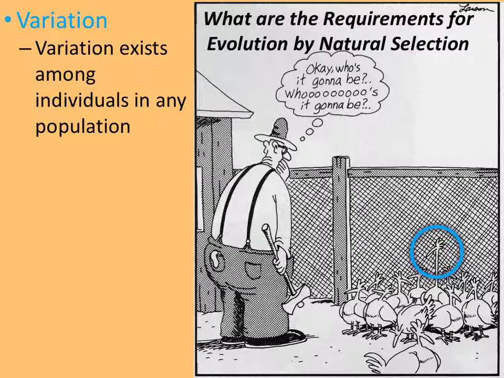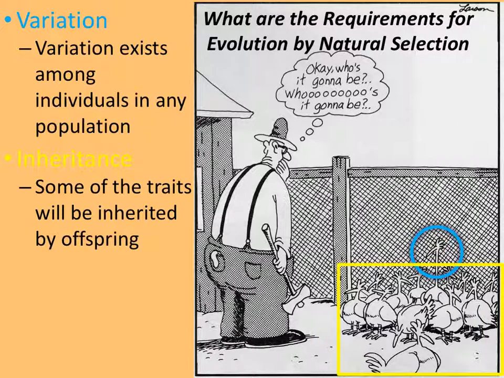What kind of variation must it be for natural selection to work on? Heritable. Okay, good. So, right here, of course, this is our variation. This is our heritable variation. Okay, and then what's next? Selection on that heritable variation.